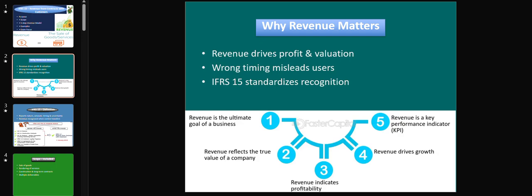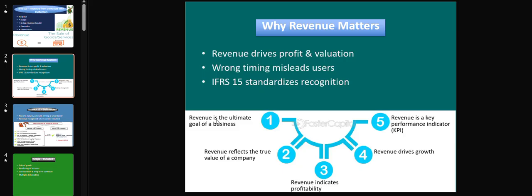IFRS 15 is the standard that fixes this issue. It ensures that every company recognizes revenue fairly and consistently, answering these questions: when do we book it, how much is it, and what risks are involved? All these questions we will try to answer in this IFRS 15.